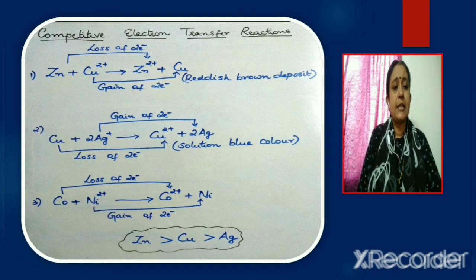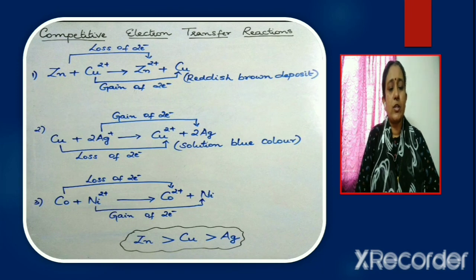Now consider the next equation. Cu plus 2Ag+ gives Cu2+ plus 2Ag. Copper loses 2 electrons and changes to Cu2+, whereas 2Ag+ gains 2 electrons and gets reduced to 2Ag. So here again there is both oxidation and reduction taking place simultaneously.